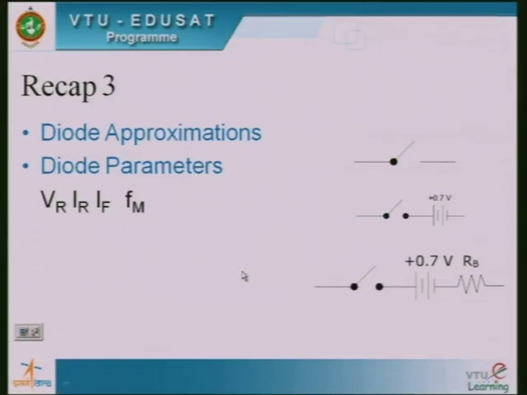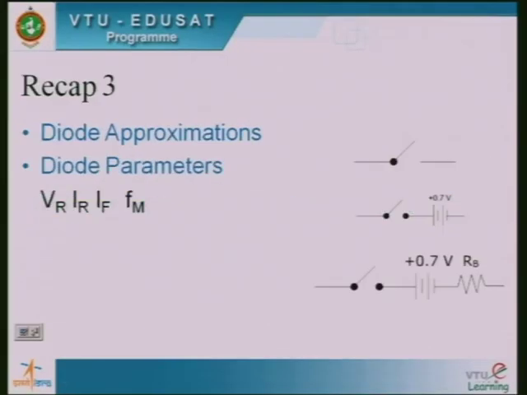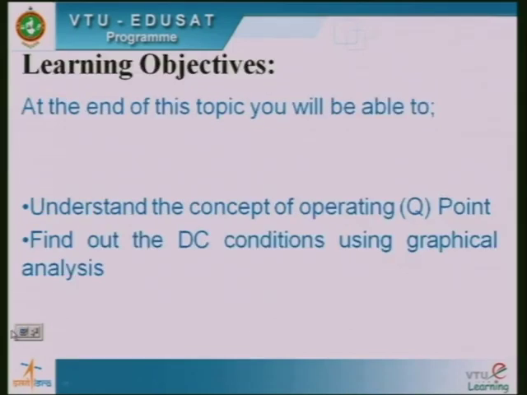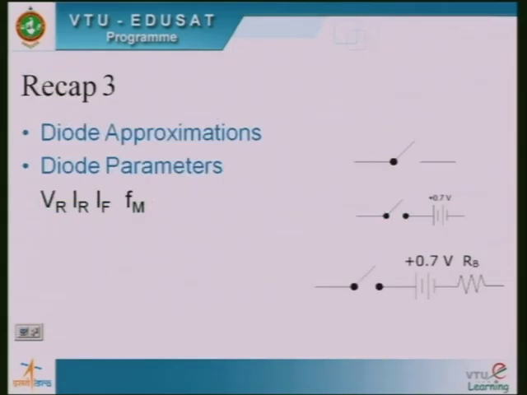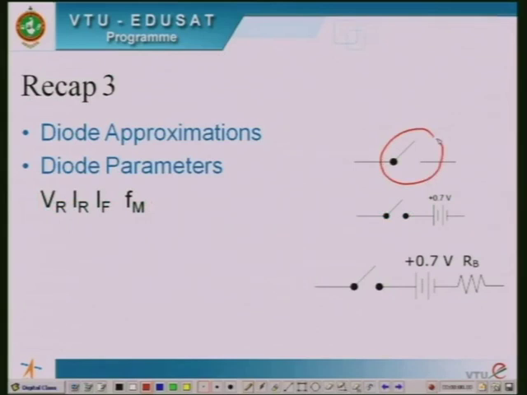We also discussed the diode approximation. There are three types of diode approximation. This is the first type, where the diode either acts as an open circuit or a closed circuit.